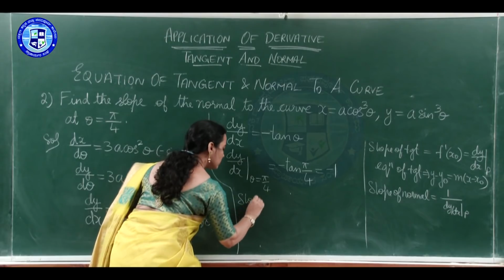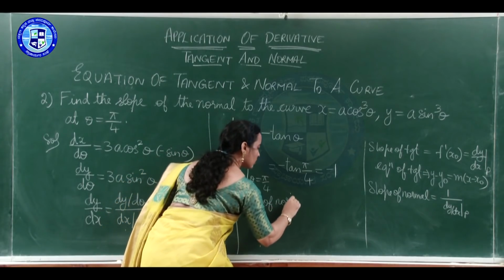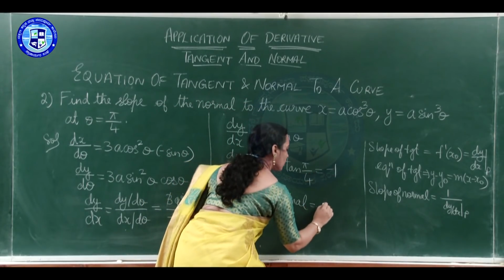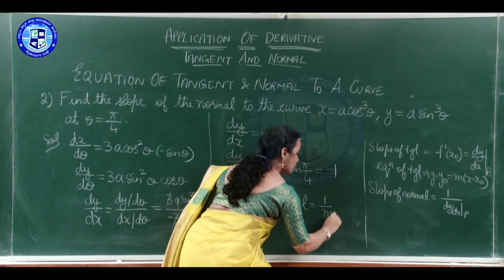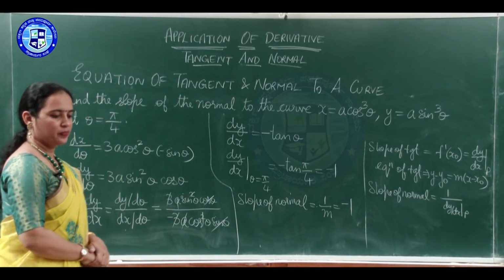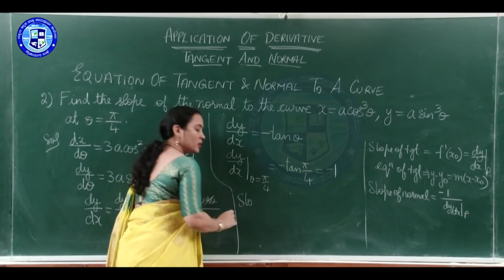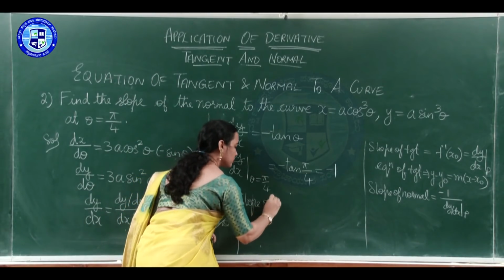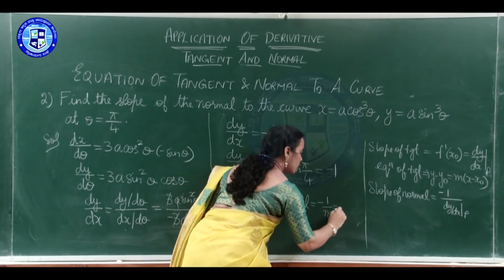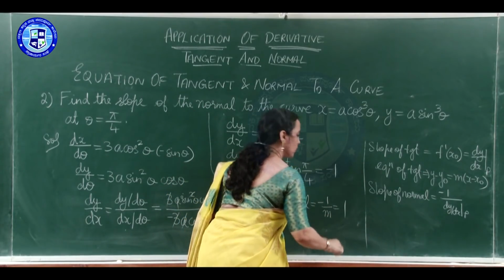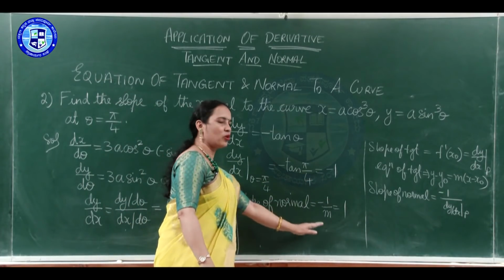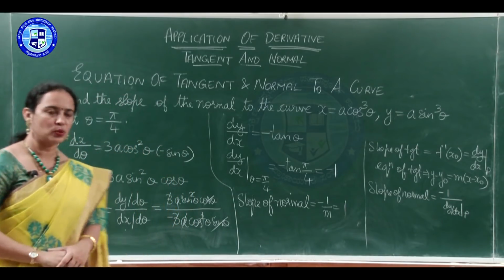What is slope of normal? Slope of normal will be minus 1 by m, which will be equal to minus 1 by minus 1, which is 1. So, if slope of tangent is minus 1, then slope of normal will be 1. Have a note.